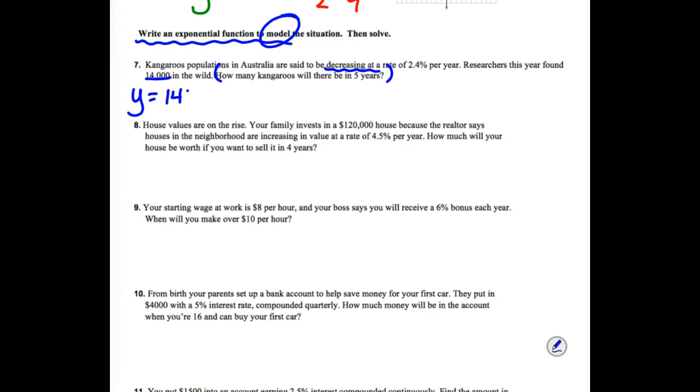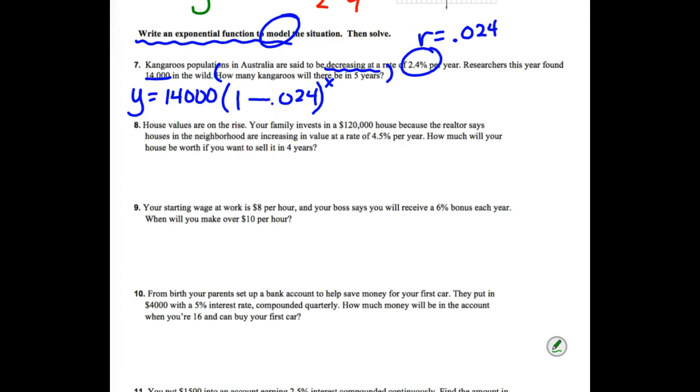We had 14,000 kangaroos, but we are losing, so we have to decrease it by 2.4%. 2.4% means my r value is going to be 0.024. I have to change that percent into a decimal. And then I'm raising it to some unknown power.